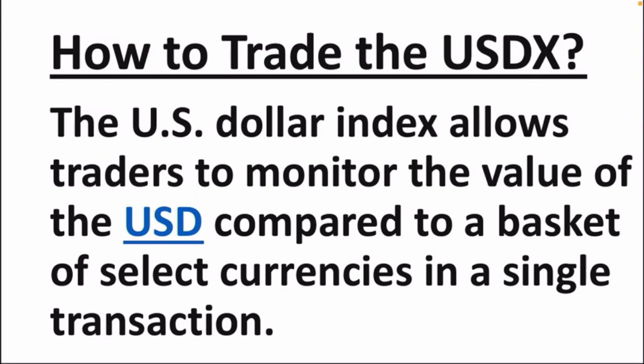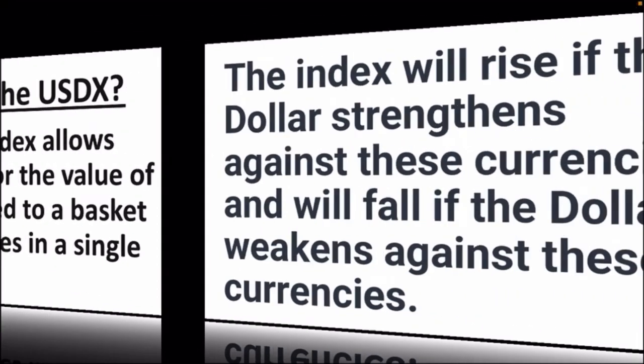If you have some currency paired against the US dollar, the weakness or the strength of that particular US dollar will determine the direction of the other currency the US dollar is paired with. Okay?